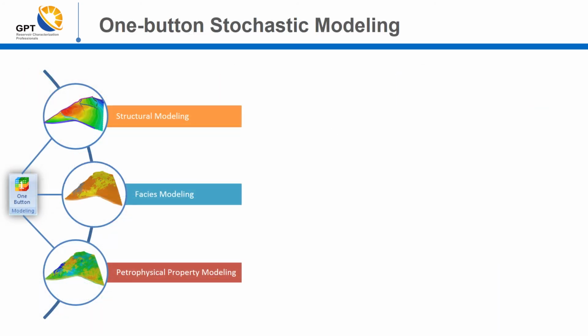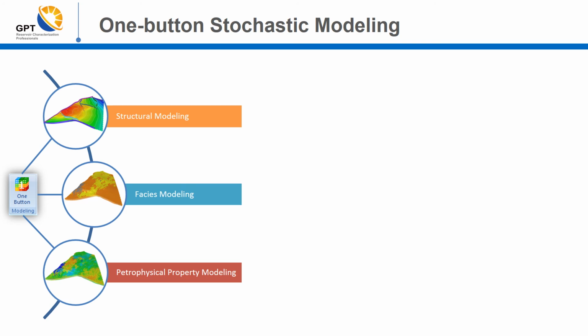We are extremely proud of our one-button stochastic modeling, which is our proprietary modeling solution that will give you a quick and reliable result. Let me give you an example. In structural modeling, oftentimes you will end up editing fault models. It is acceptable if you only have a handful of faults.